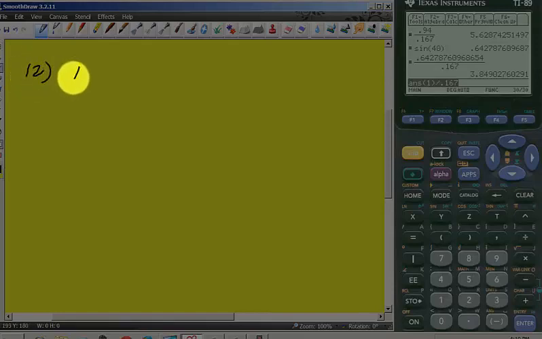In this situation, I have side A, which is 2, and I have side C, which is 1, and I have angle C, which is 25 degrees. Be careful how you draw the triangle in this one.